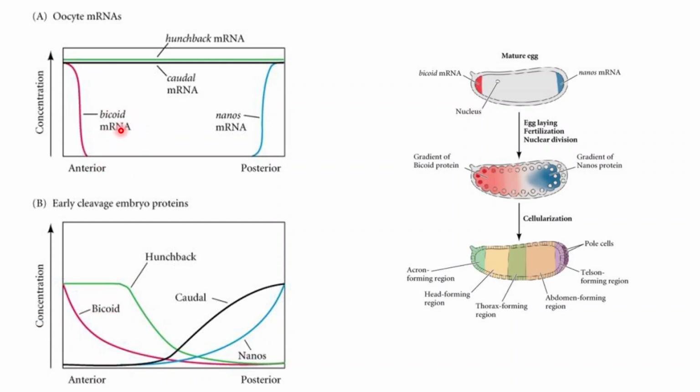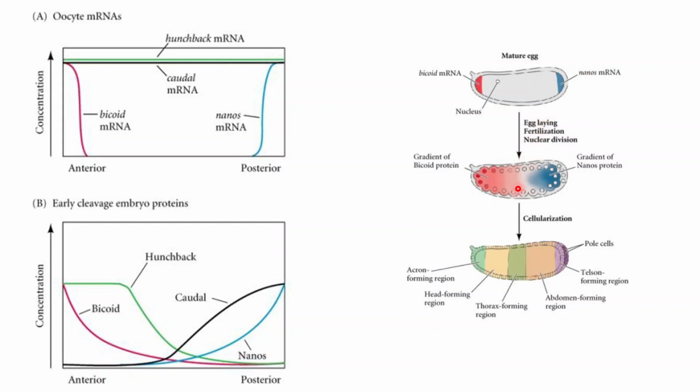Now in the presence of bicoid protein, hunchback translation can begin. In the anterior most region where we have a high concentration of bicoid, we do not have hunchback expression because that region is restricted for acron. As you can see here, the acron forming region, while in the head forming region we have hunchback expression. So we have bicoid mRNA localized here, and nanos mRNA to the posterior.